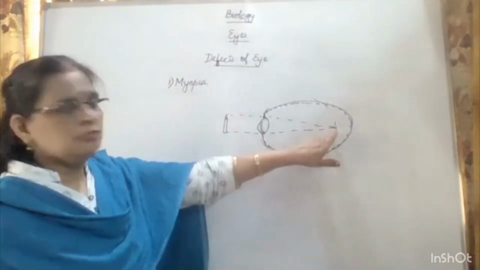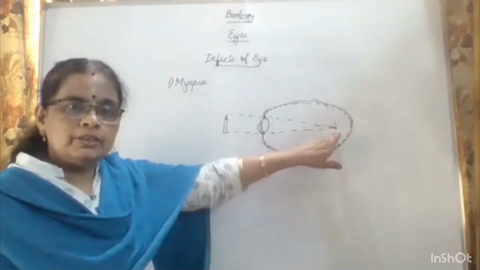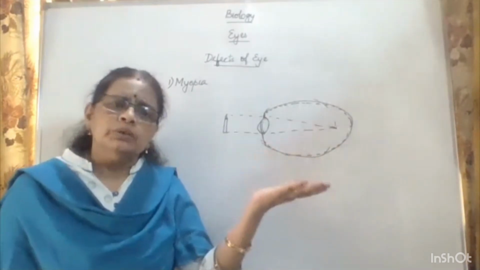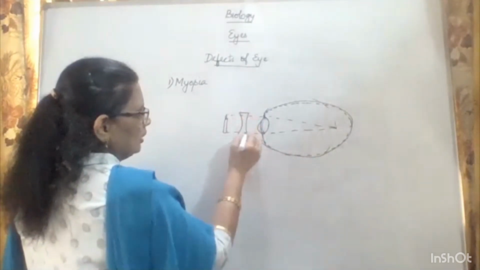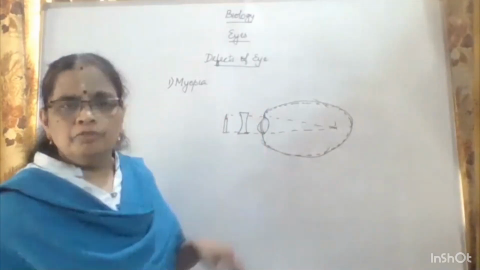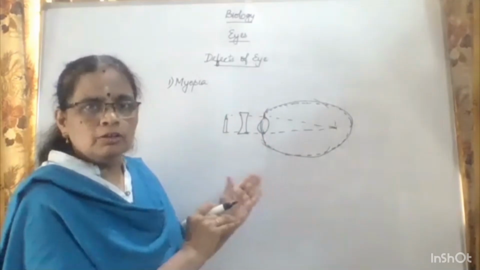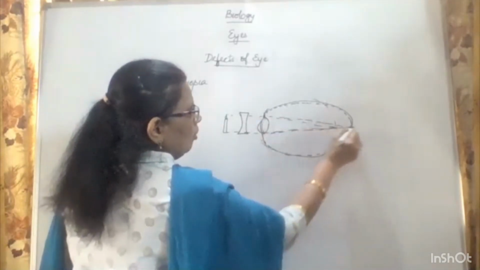So the image is formed before reaching the retina, and it is not a clear image. How to correct it? It can be corrected by using a biconcave lens. If that person wears a biconcave lens, the image will be correctly formed on the retina.